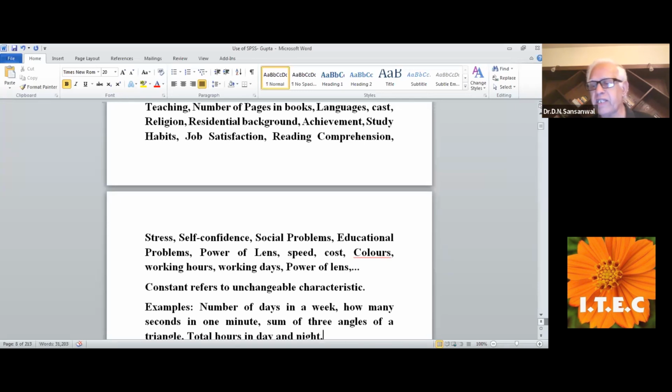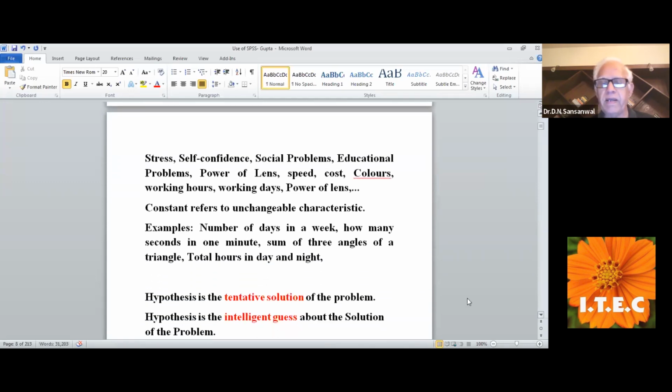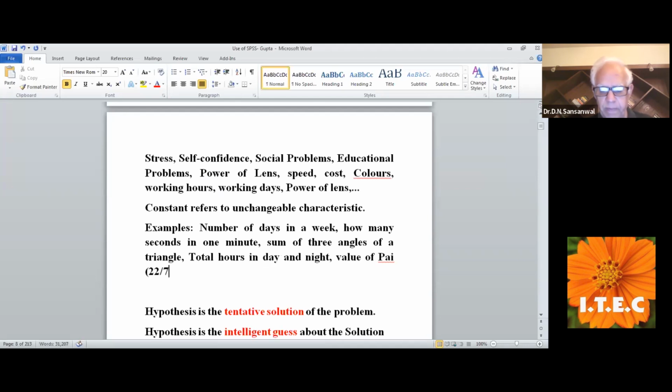Everyone will say the same thing. The value of pi. Everyone will say it is 22/7. So like this, there are many characteristics which are constant. They do not change at all.